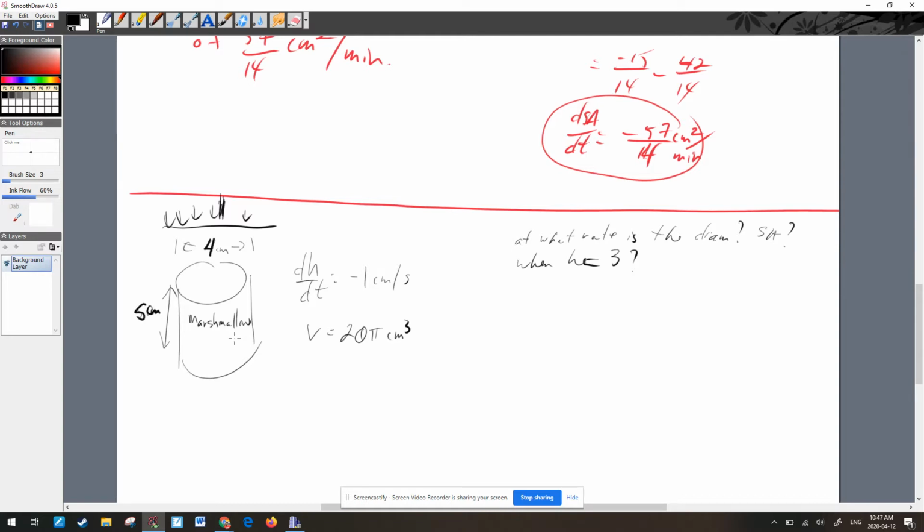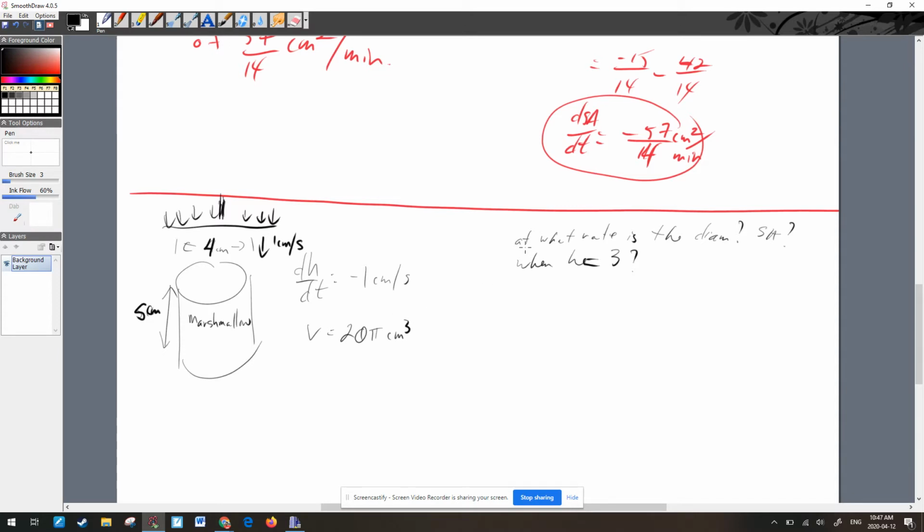Okay, so the press is going to descend at 1 centimeter per second. So this is coming down at 1 centimeter per second. What I would like you to do is solve for a couple of things.